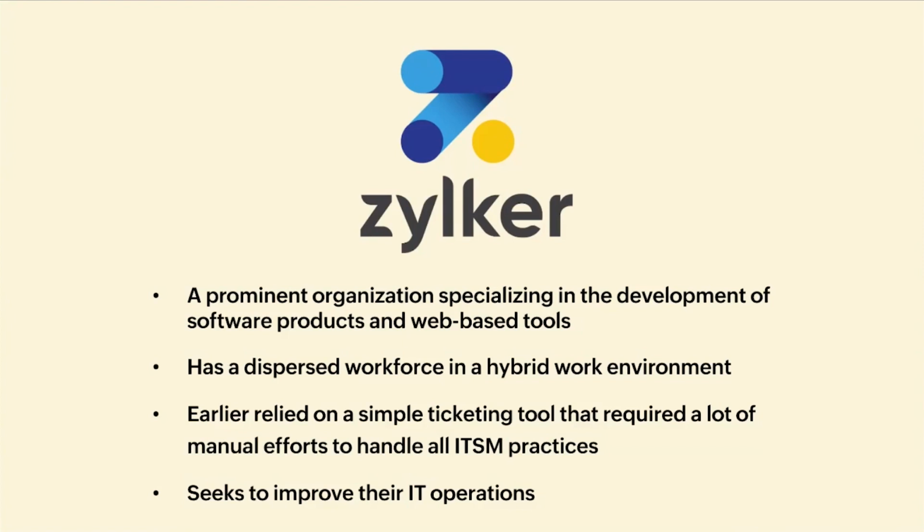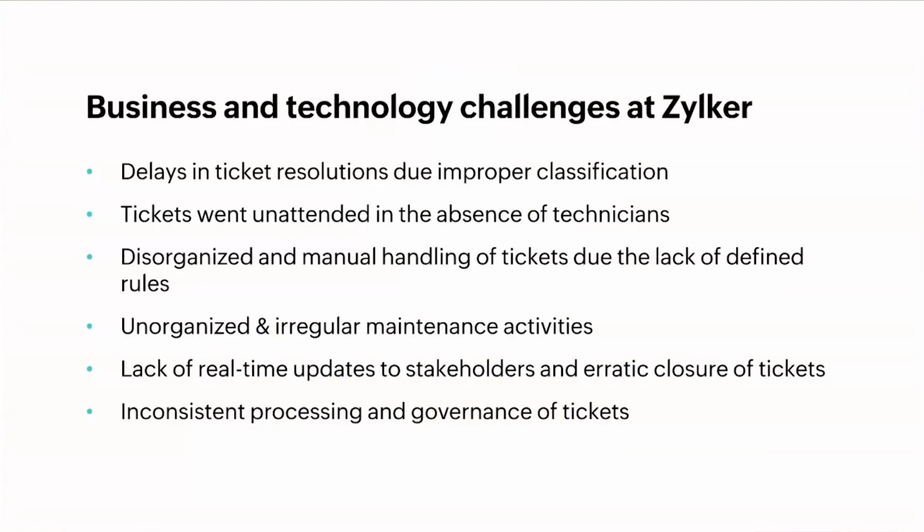Due to the lack of automation capabilities, they faced a lot of challenges. The implications are a lot of delay in getting tickets resolved. And this stems from not having an automated classification model inside their ticketing solution. So they were not classifying it based on the context. Every time a ticket is received, they had to spend a lot of time just classifying and prioritizing the ticket.